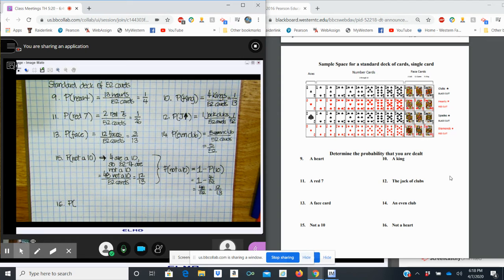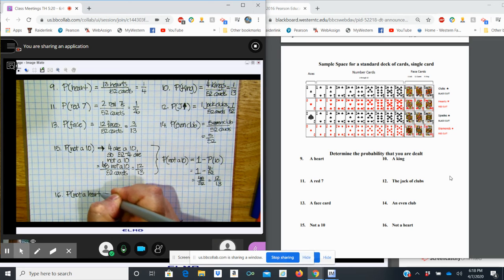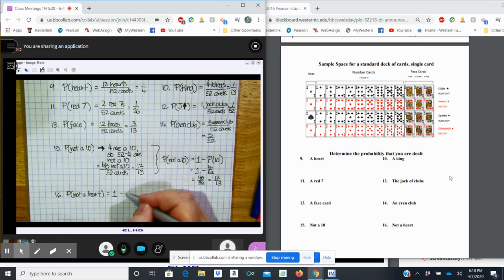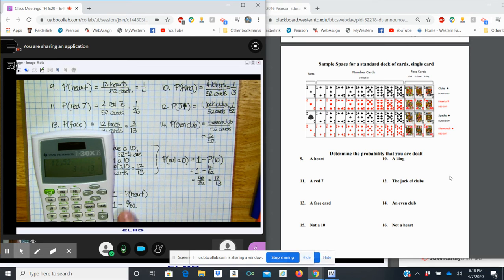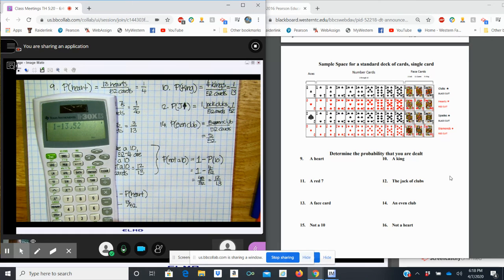For example, problem 16 says, what's the probability that it's not a heart? I would do 1 minus the probability that it is a heart, or 1 minus 13 out of 52. I'm just going to pull my calculator out here and type that in as 1 minus 13 out of 52. And it's going to tell me 3/4.